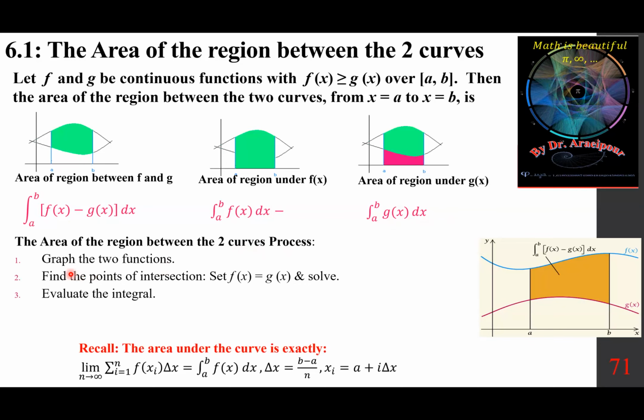What do you do? Number one, graph the two functions. Always graph. It doesn't have to be perfect. Just sketch them, and a rough sketch is good enough. Find the points of intersection. How do you find them? Set f of x equals g of x, and so on. Then evaluate the integral.